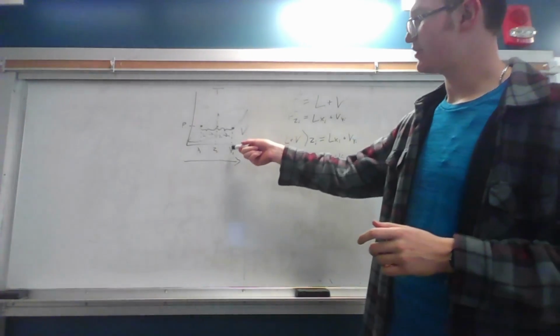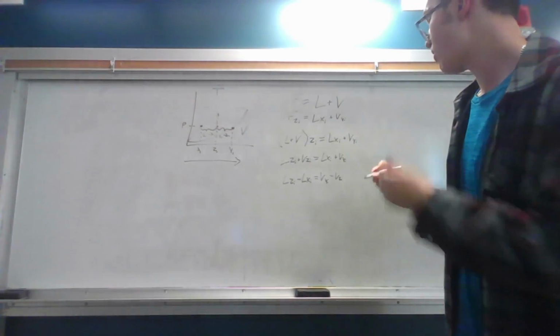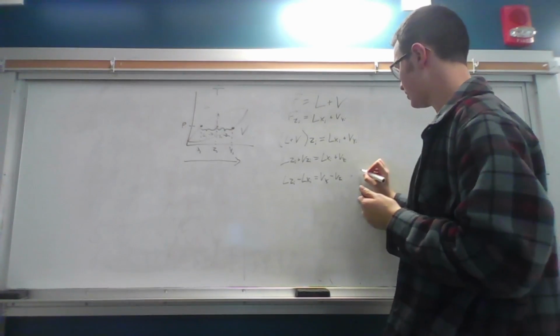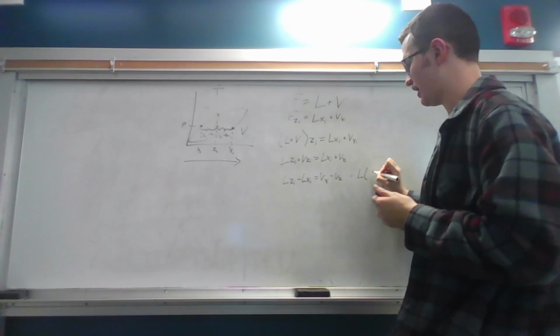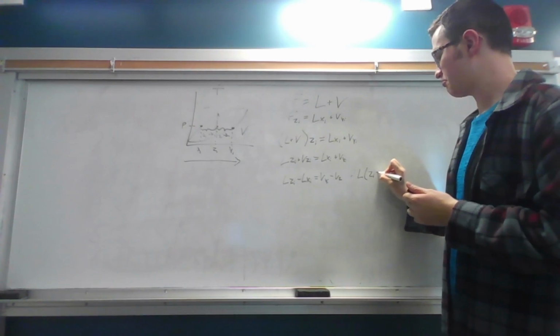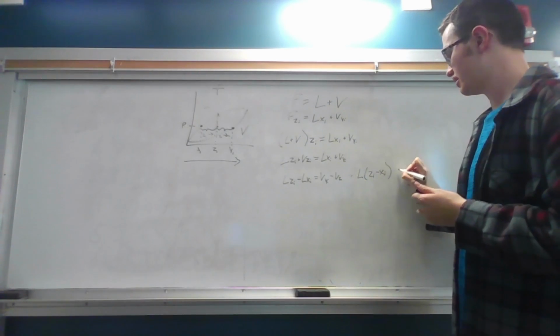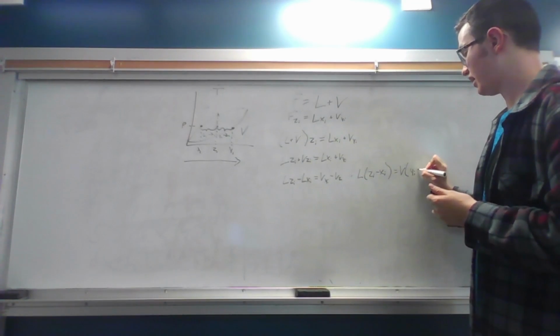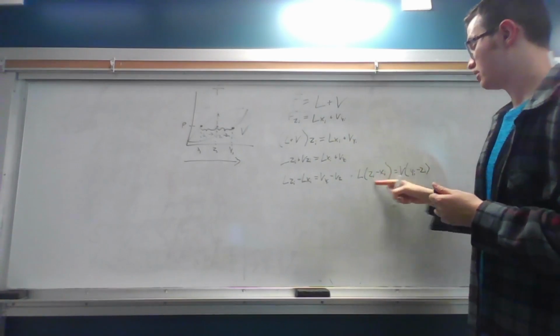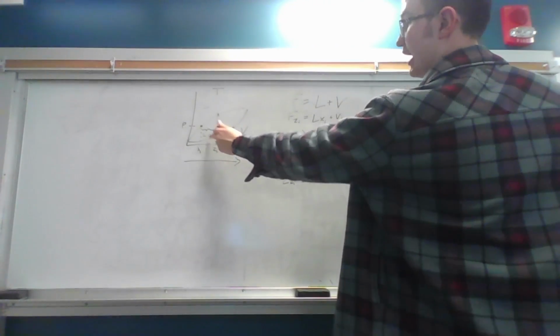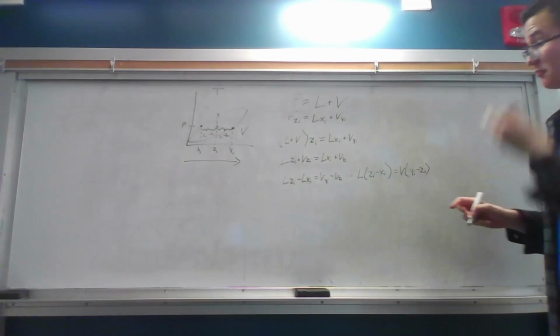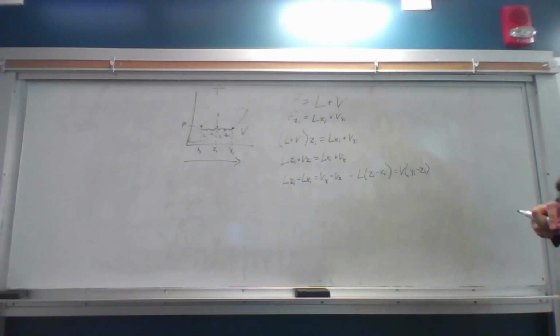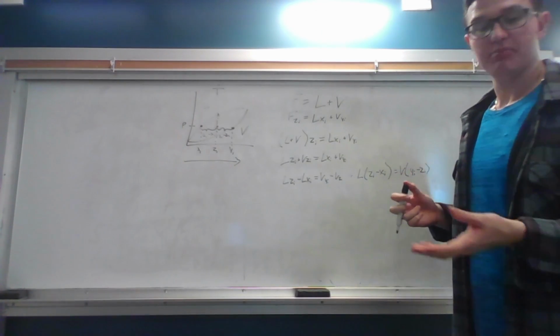You get your distances between the two points. So, if we factor them out, we get L times (Zi minus Xi) is equal to V times (Yi minus Zi). Okay, so what happens?